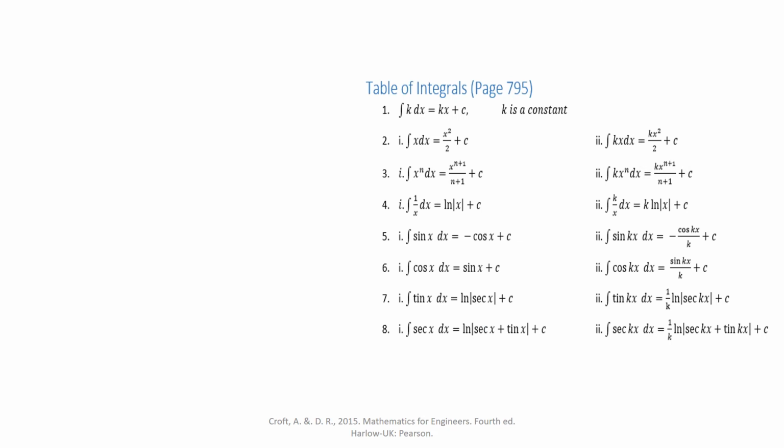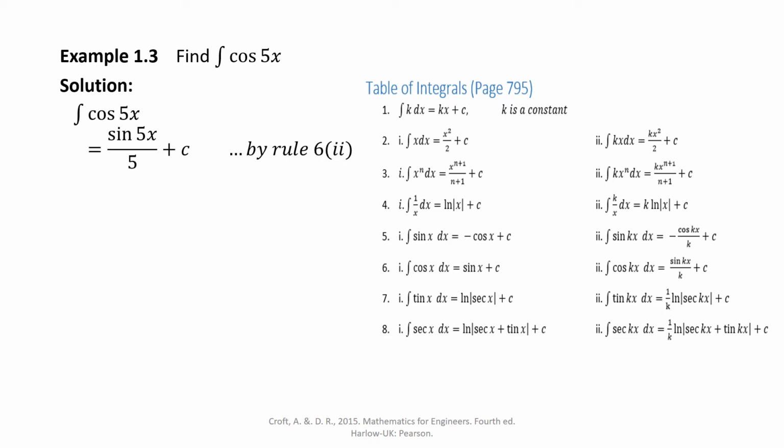Another example from the book, example 1.3. On the opposite side I attached a part of the formula sheet. So cosine of 5x, if we see, it is like rule number 6 part B, part 2. So cosine of 5x, and according to the rule 6(2), which is k with x, and k here is 5.